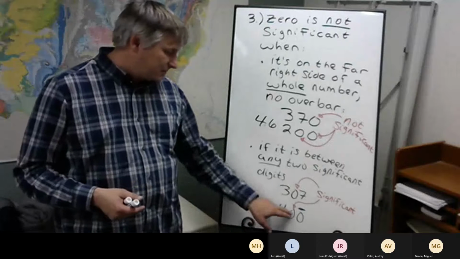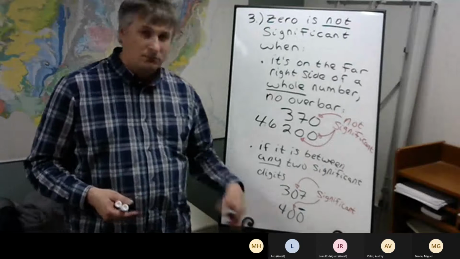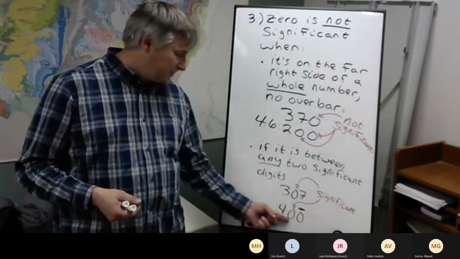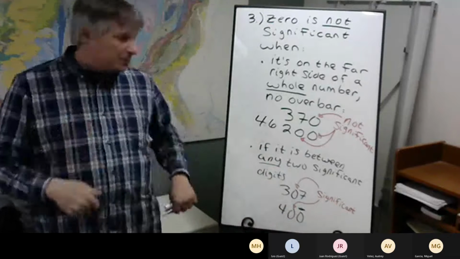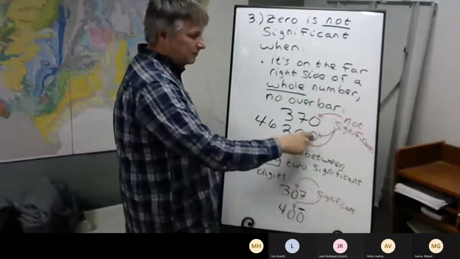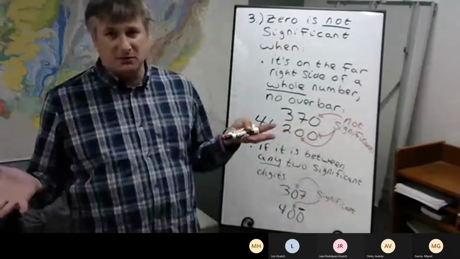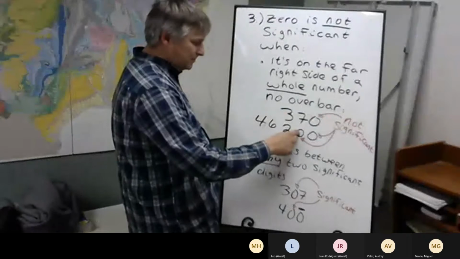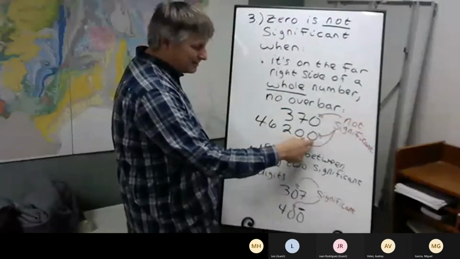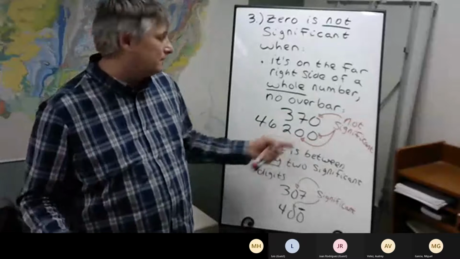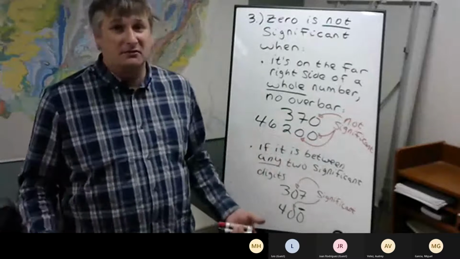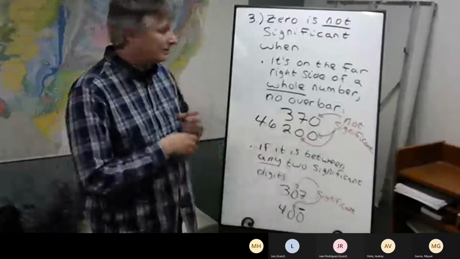So that makes this one significant because it's between two significant digits. So these zeros are going to be significant. But this one is on the far right, so not significant. And this one's between a significant number and a non-significant number. There's nothing that makes this one significant, so it's going to be non-significant.